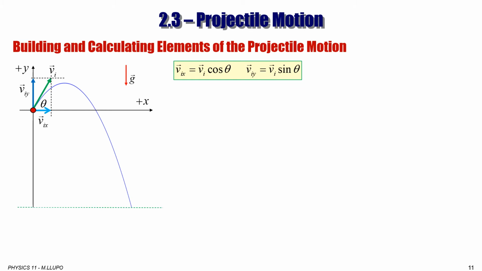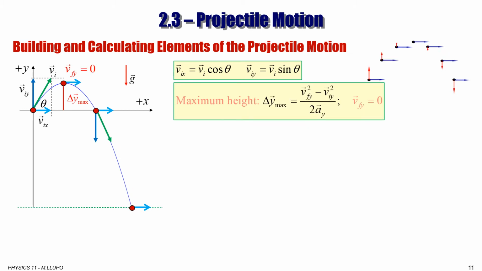Next step would be to take a look at the most important points: the start point, the point where it reaches the maximum, the symmetrical point, and the end point. Now, next step would be how to calculate the maximum height. We know that at maximum height, the y component of velocity is going to be 0, while the x component is not going to be affected at all.